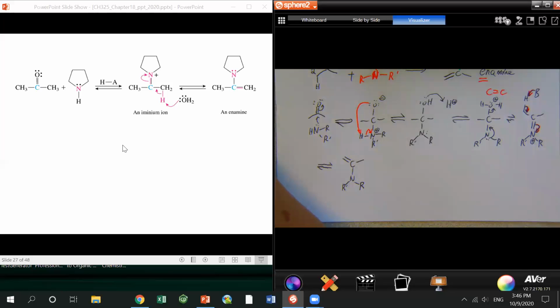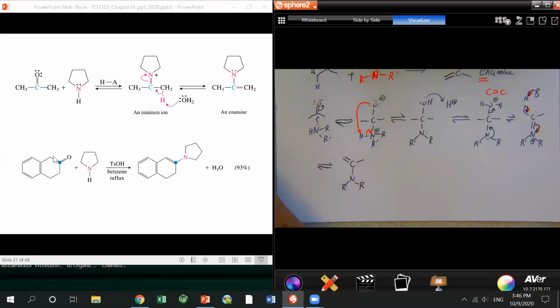If we have an unsymmetrical ketone or aldehyde, the situation gets more complicated. For example, we have the same secondary amine reacting with this ketone. This ketone has two alpha carbons with hydrogens, so when you build the C=C bond, you could build it from this carbon or from that carbon. But eventually you only get one product, the one between the top carbon and the carbonyl carbon.